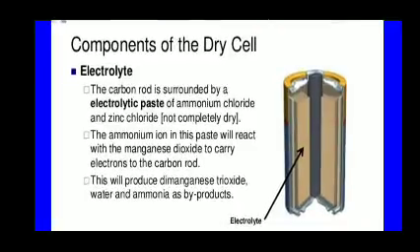Second one, electrolyte. The carbon rod arranged in the central part of the dry cell acts as the cathode, the positive electrode.